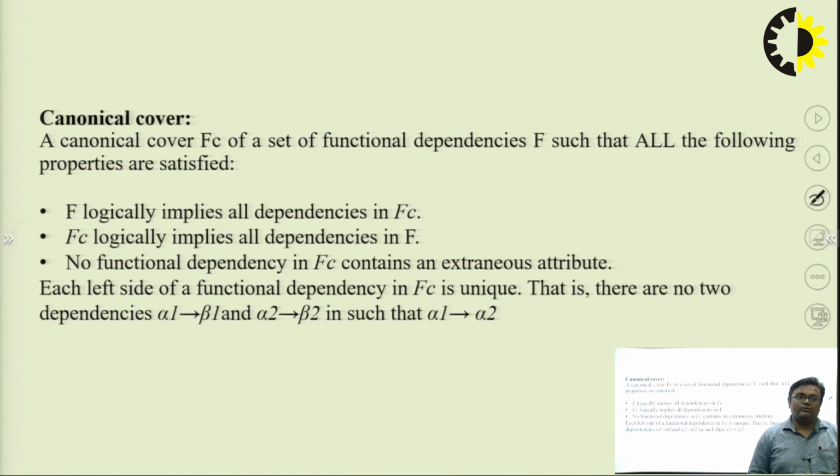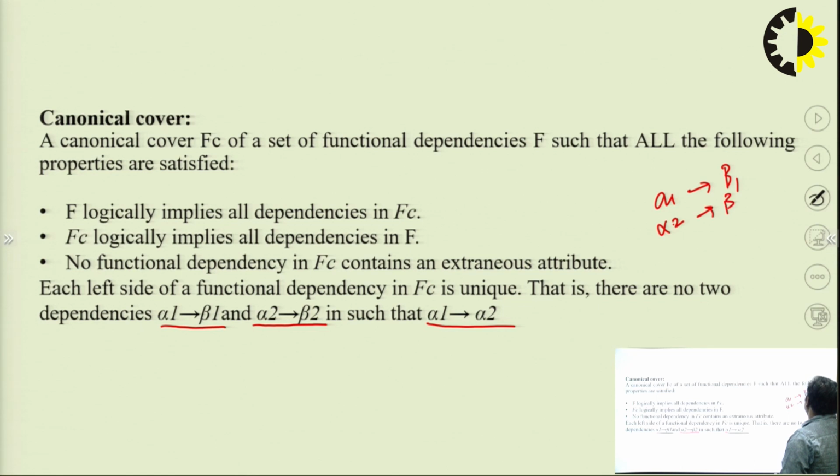Each left side of a functional dependency in FC is unique. So the left hand side should be unique. That is, there are no two dependencies alpha 1 to beta 1 and alpha 2 to beta 2 in FC such that alpha 1 equals alpha 2. Like if we have two sets alpha 1 to beta 1 and alpha 2 to beta 2, this should not imply this.